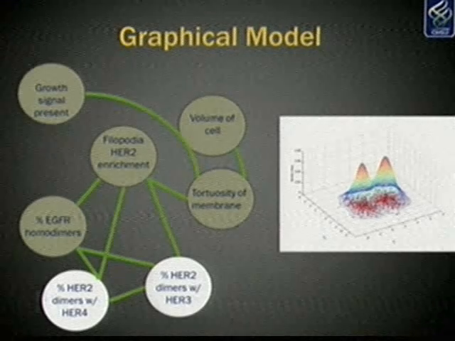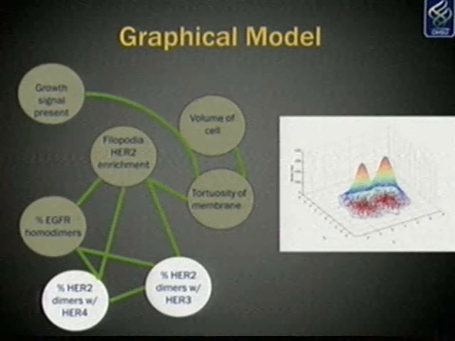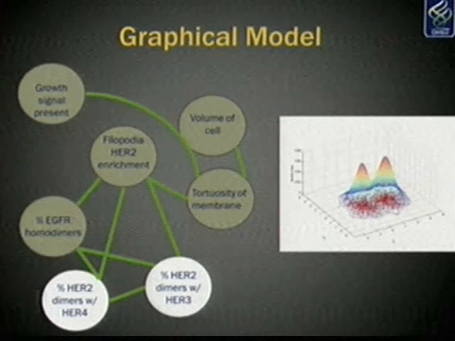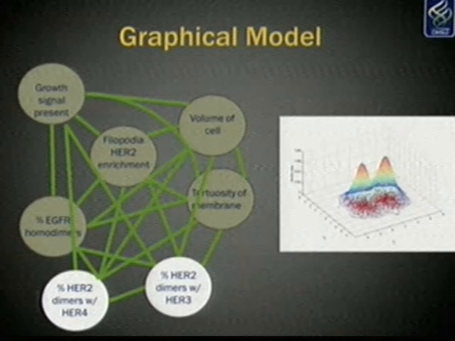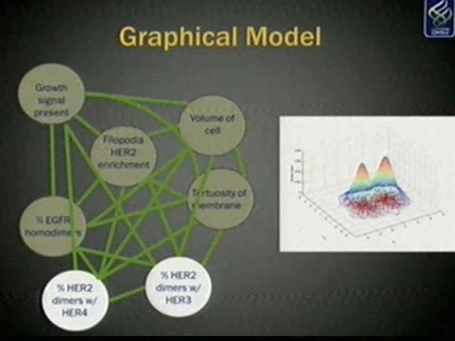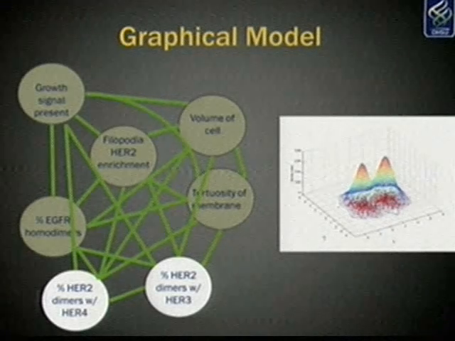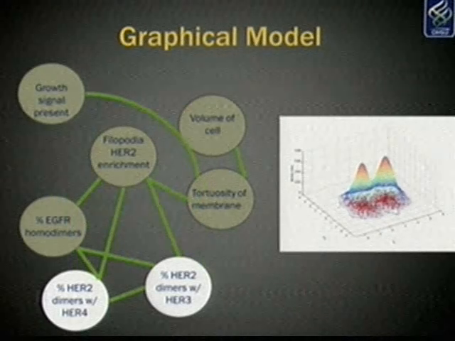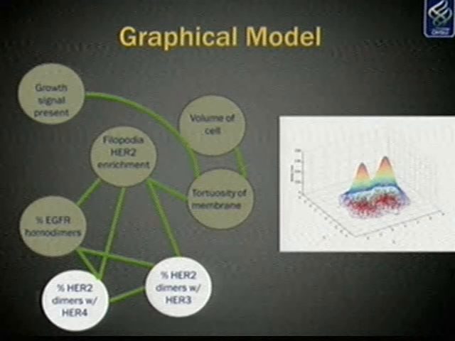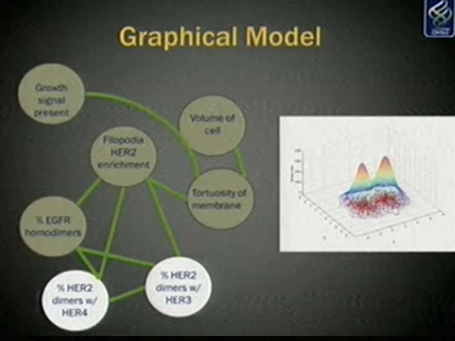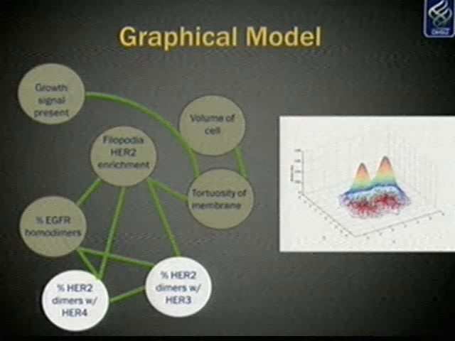So these can be trained with data, and in this case, this might give you some insight as to what's really going on here, whereas previously we might have thought, okay, the growth signal directly influences dimer formation, but maybe the model will tell us that, no, the growth signal only changes the ruffling of the membrane, and that has an effect on the amount of HER2, and that tells us how much these dimers will form.